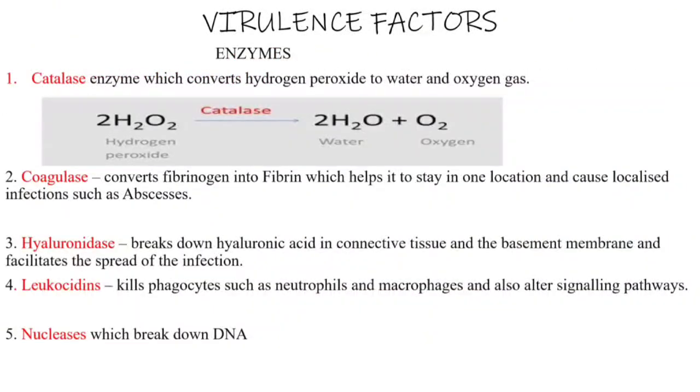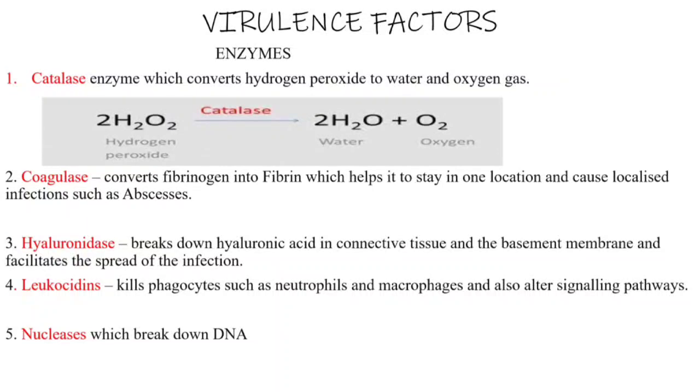Now let's talk about the enzymes. The first one is the catalase enzyme, which we have spoken about. Catalase is supposed to break down hydrogen peroxide into water and oxygen. And hydrogen peroxide is a reactive oxygen species that phagocytic cells use in killing microbes. So if you are able to evade hydrogen peroxide, then you will evade killing.